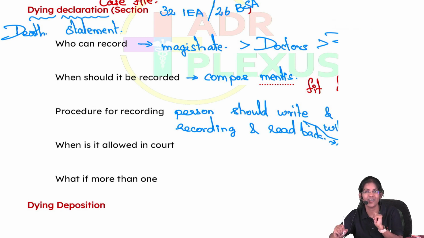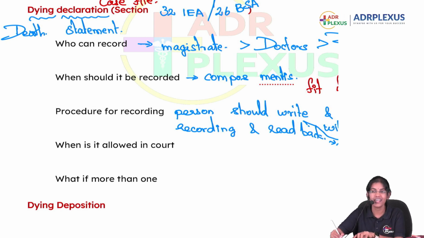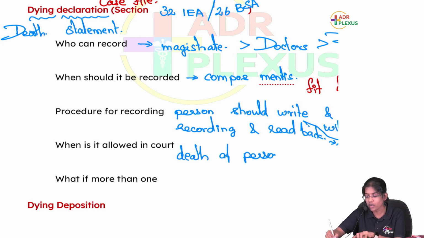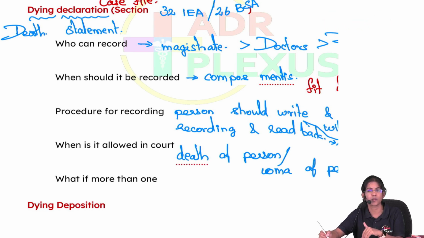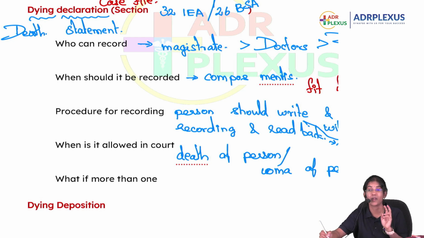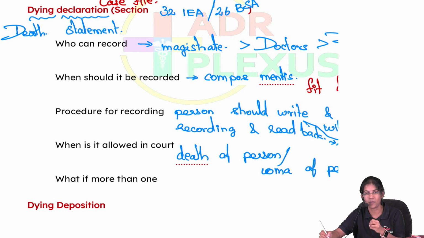When is it allowed in court? It is ideally allowed only after the death of the person. Or remember also that if the patient is going to be in a coma, then also it is admissible in court. When the person is not able to come or the patient is unconscious, or if the person has died, then you allow it in court. Now what if there is more than one?